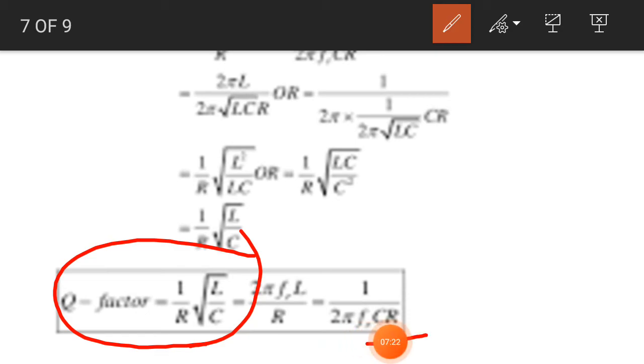Both are the same. One is in terms of L and C, the other in terms of C and R.